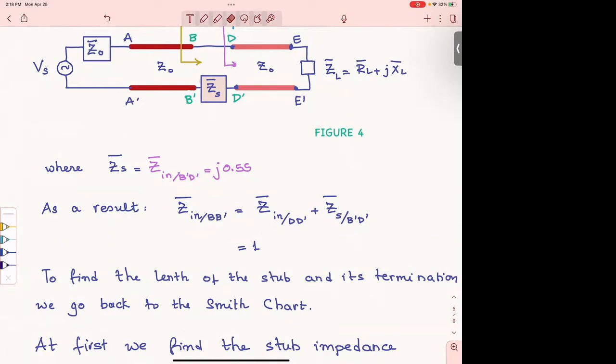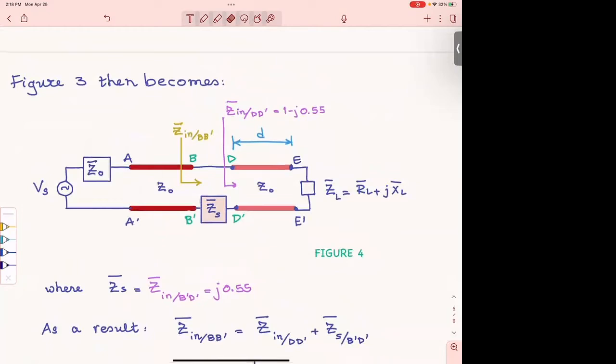By doing that, I have found a way to get my input impedance at this point on the line to 1. This is the load that this line sees. The red line does not see anything beyond that. It is nearsighted. It sees everything that happens at that point, and there it sees an impedance normalized to 1.